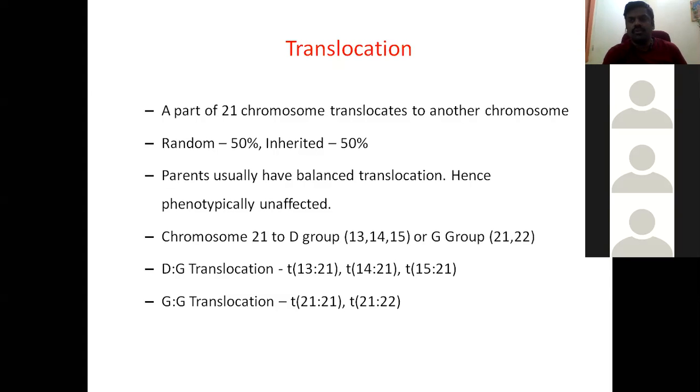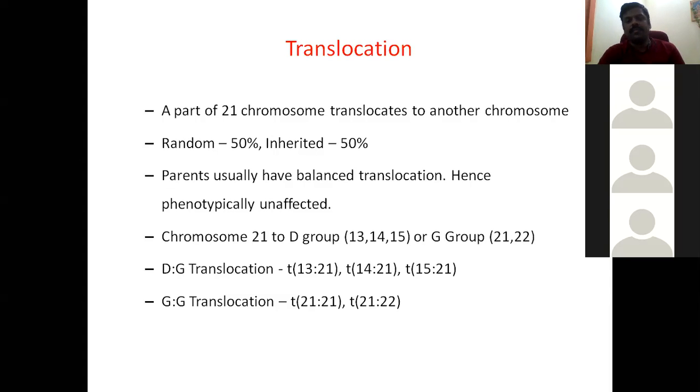The chromosome 21 commonly translocates to two different types of chromosome. On karyotyping, based on the length of the chromosomes and the long arm to short arm ratio, you classify the chromosomes into A, B, C, D, E, F, G. Of the seven groups, 13, 14, 15 come under the D group, and 21 and 22 come under the G group.